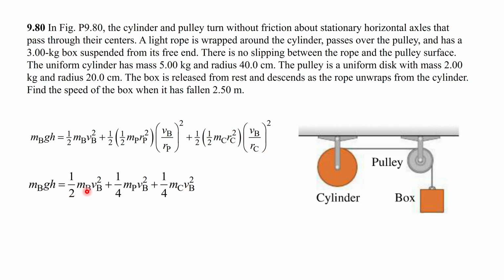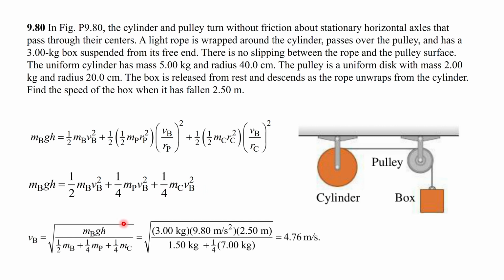So at the end, we have the mass of the box, the mass of the pulley, and the mass of the cylinder. And you can find that the result is independent of the radius. Okay, then we can solve for the linear velocity of the box. For this equation, there's only one unknown, the velocity. So the velocity is solved in this way. We plug in all the numbers, and then we have the linear velocity in meters per second.